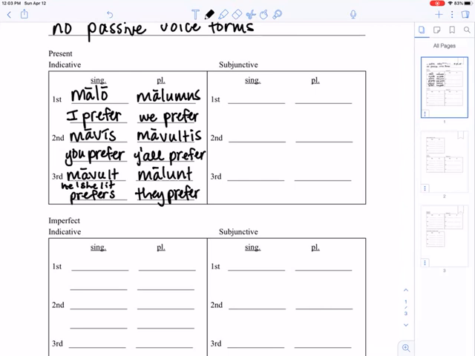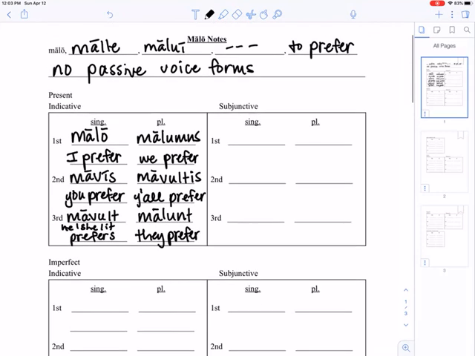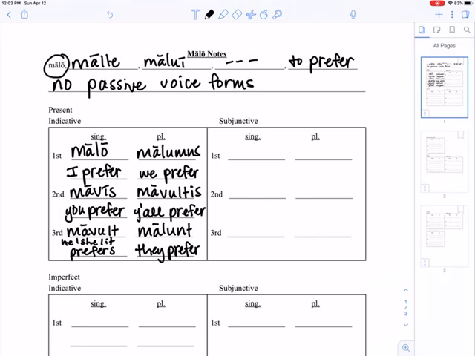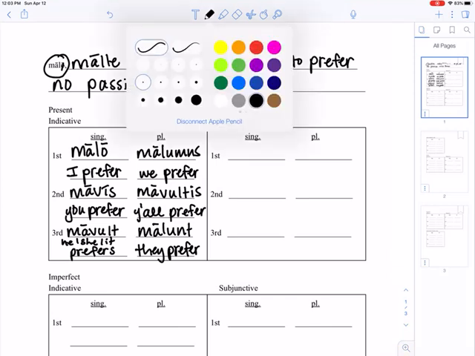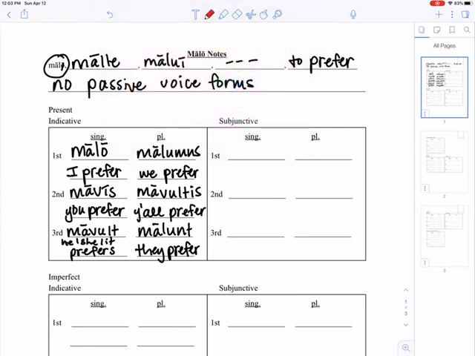Now, moving over to the present subjunctive. We're going to take malo here and drop the O for our stem. So our stem, let's pick a new color, and this time let's go with red. Why not? We're going to take mal, and add m for the present first singular subjunctive.